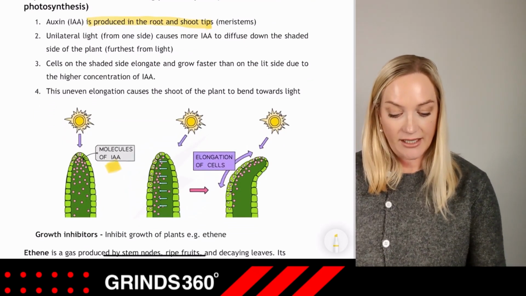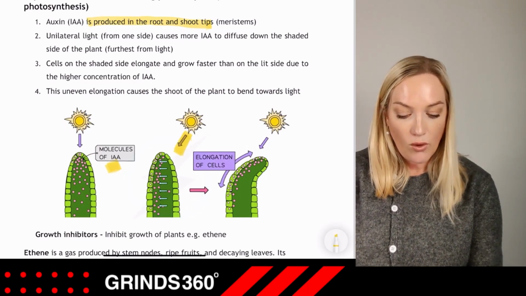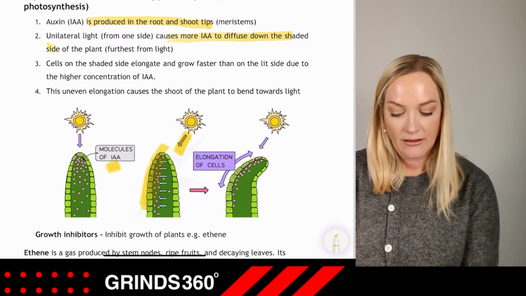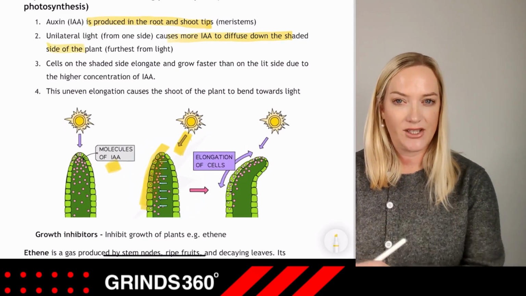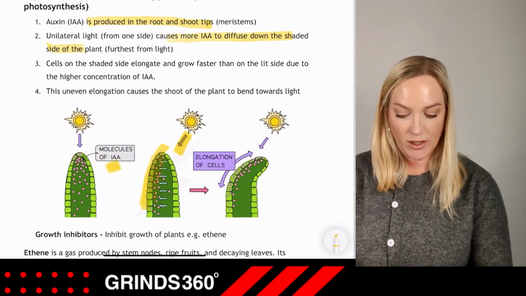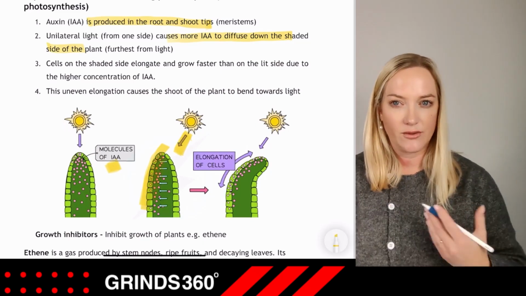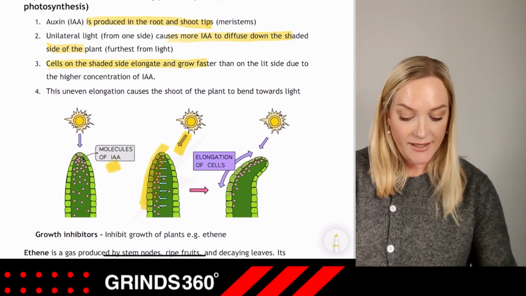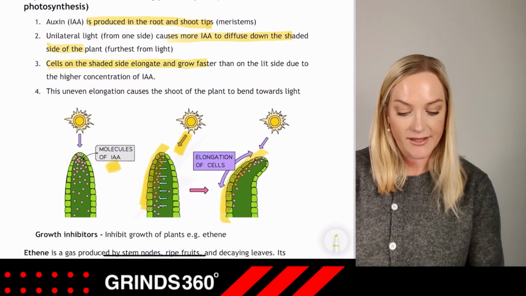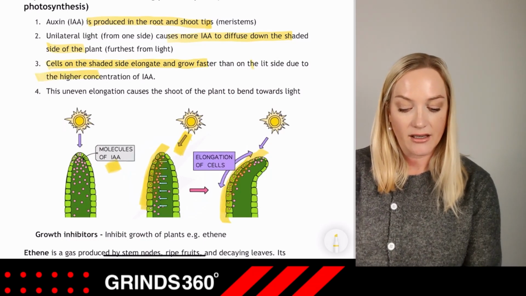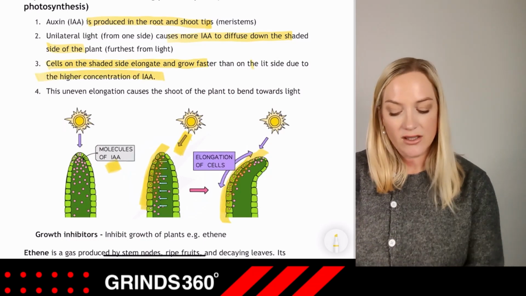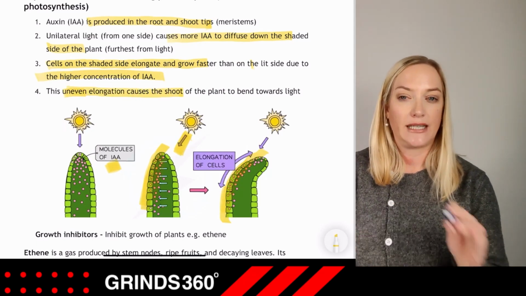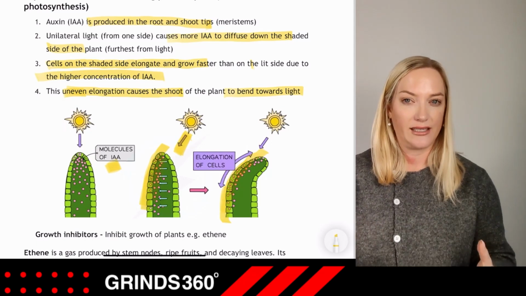Unilateral light, light from the side, is going to cause more IAA to diffuse down the shaded part, the part not in full contact with the sun. So the cells on the shaded side are going to elongate and grow faster, and that's due to the higher concentration of IAA. Now what this causes is an uneven elongation of the shoot, and it will then bend towards the light.